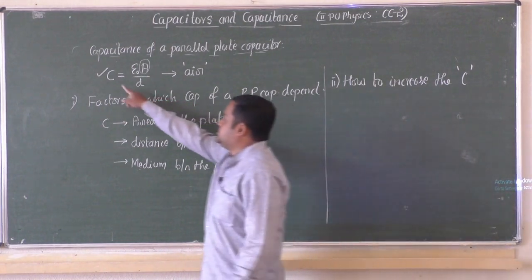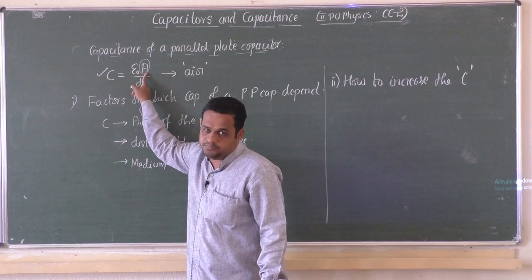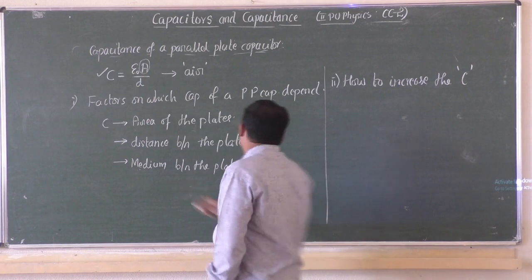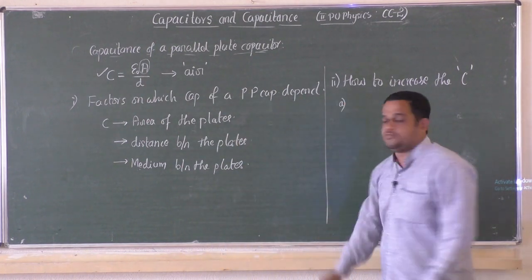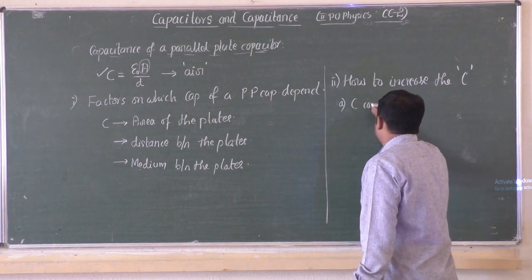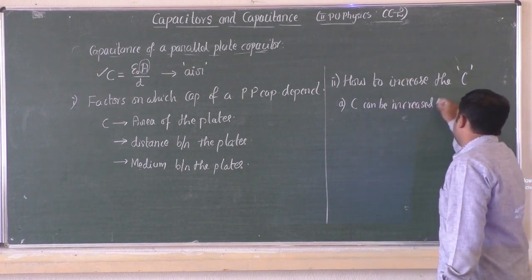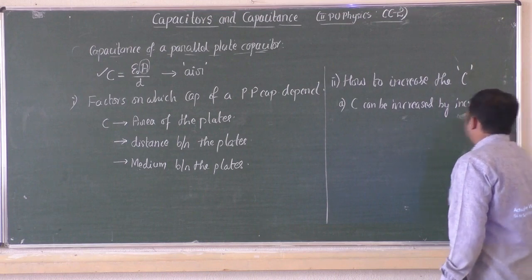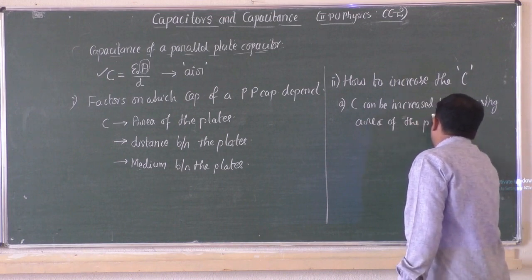From the expression, capacitance depends directly on area of the plates, isn't it? C is directly proportional to area. Therefore, first method to increase the capacitance of a parallel plate capacitor, capacitance can be increased by increasing area of the plates.